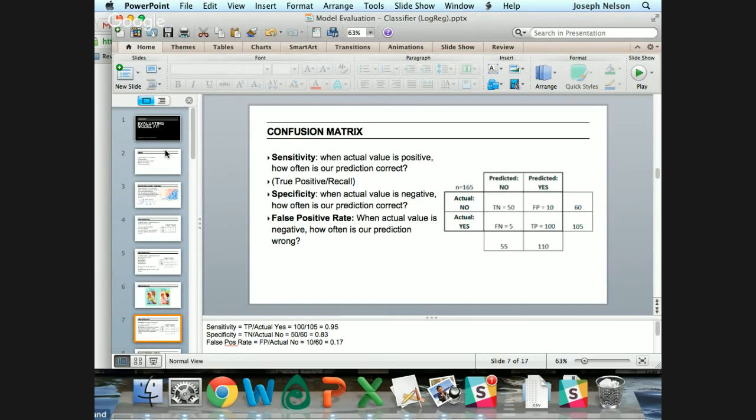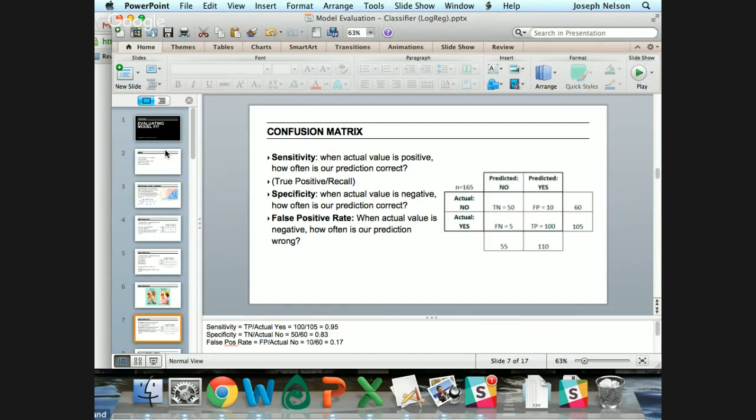So we understand false positives, false negatives, and so forth. There are two metrics that are particularly helpful in describing how well our model performs. Sensitivity is when the actual value is positive, how often is our prediction correct?